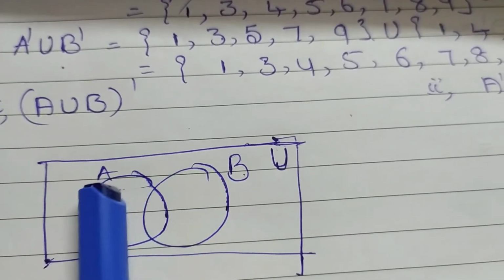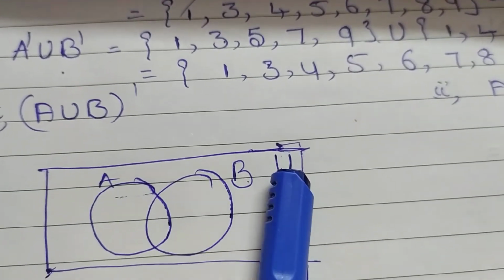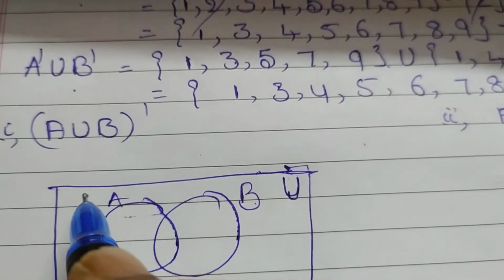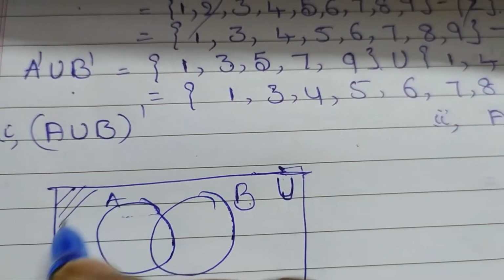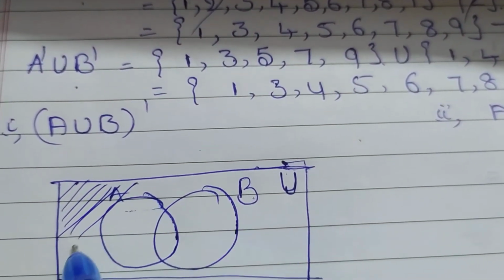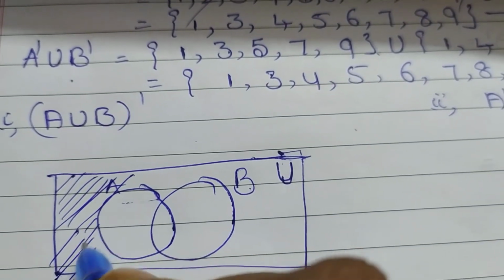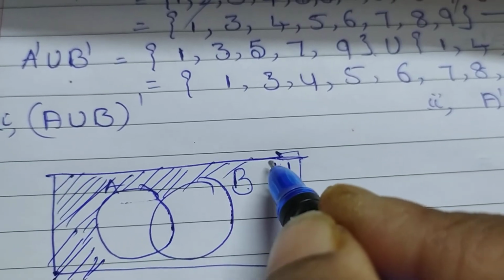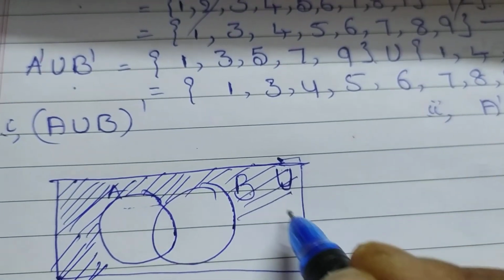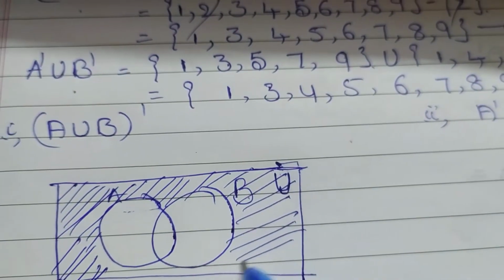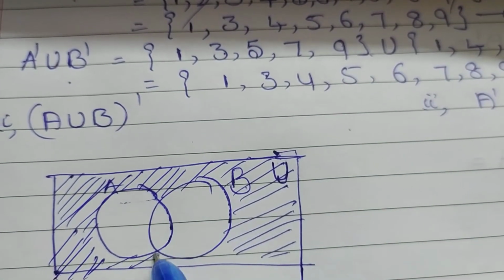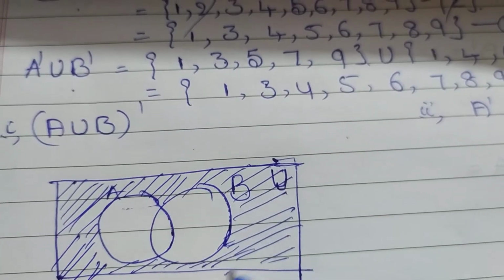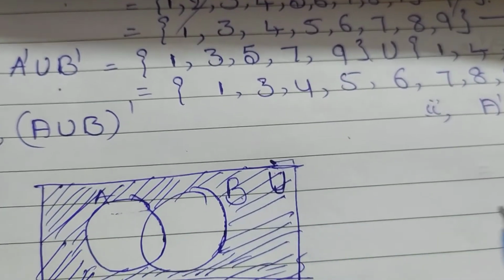Means other than this A union B, whatever is present, you will be getting that. So either you can color it or you can draw the lines with the help of a scale like this. Other than A union B, all the remaining parts will come under this. It should not go under this. So this whole thing other than A union B.